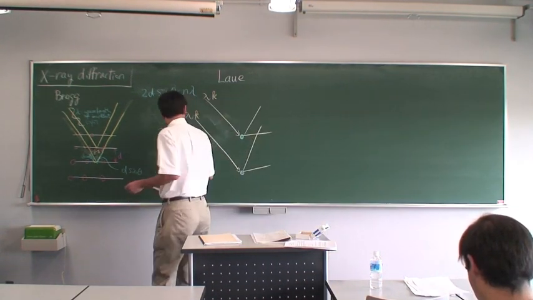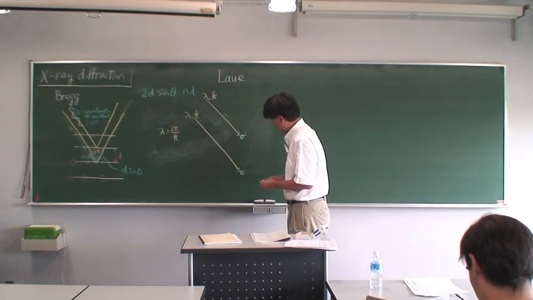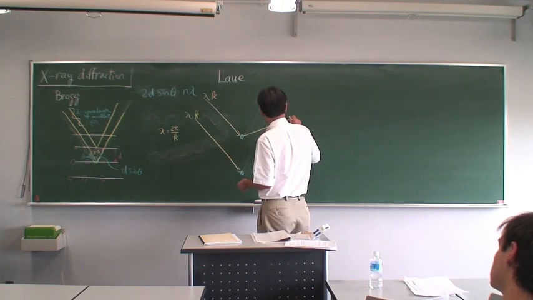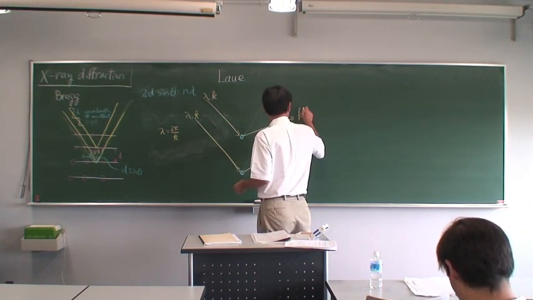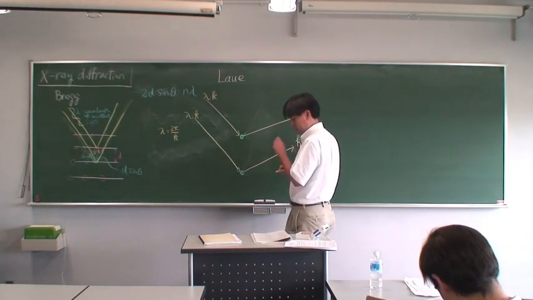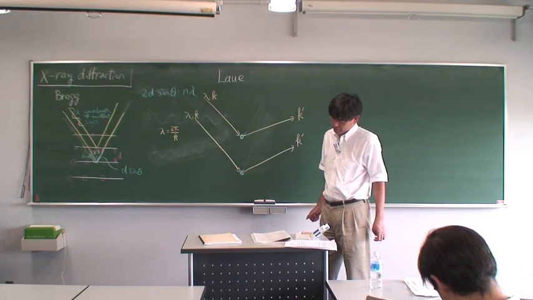So, for convenience, we draw something like this. Here's an outgoing wave, k prime. Okay.